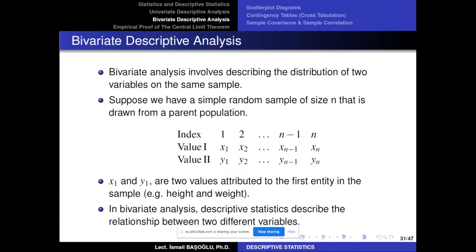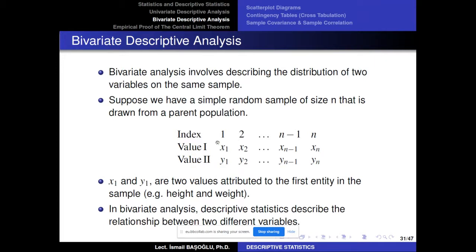So let's just say we have multiple university students as the parent population, and we have just collected a random sample of n students from this parent population. In the first row of this table, we have recorded the weights of the students, and in the second row, their heights.